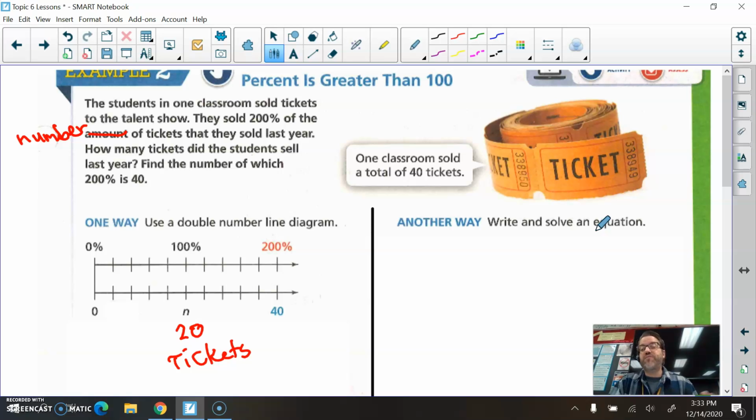Okay, and so we have to figure out, well, what are we asking? What's the question that we're asking? How many tickets did the students sell last year? Find the number of which 200% is 40. So, you could say it like this: 40 is 200% of what number?